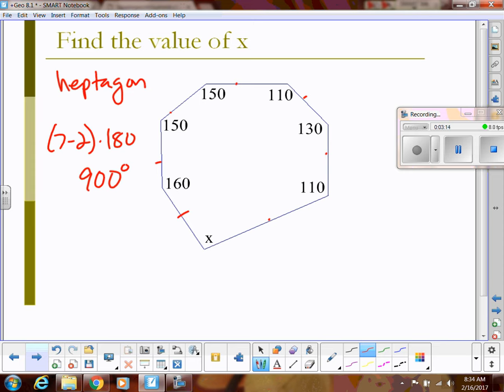And then I'm just trying to find this remaining angle measure, so I can add up all of these angles. If I do 160 plus 150 plus 150 plus 110 plus 130 plus another 110, I'm going to get 810 degrees. So now I'm going to take my 900 degrees and subtract that. That's going to give me 90 degrees. So this is a 90-degree angle right here.